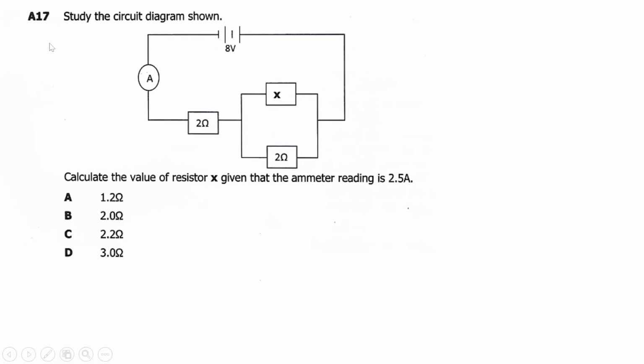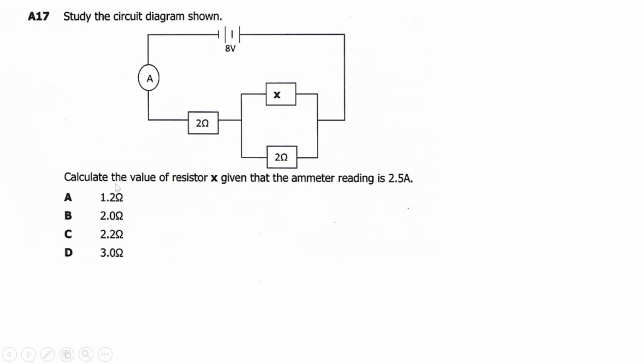Then we go to A17, which says study the circuit diagram shown. So in this circuit diagram, we have 8 volts here. We have an ammeter. We have the 2 volts. We have the 2 ohm resistor, a 2 ohm resistor here also, and the X resistor there.